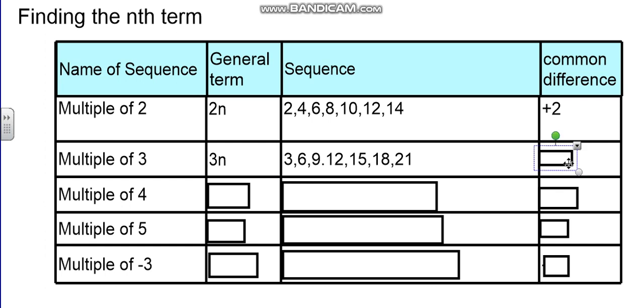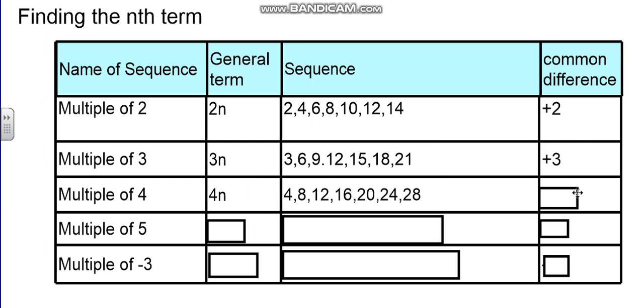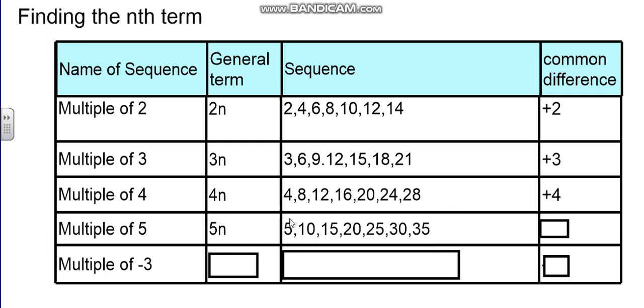The common difference is going up in 3s. Multiples of 4 would be 4n. We'd have the 4 times table written out, and the common difference would be plus 4. Similarly, multiples of 5 is 5n, the 5 times table, and the common difference is plus 5.